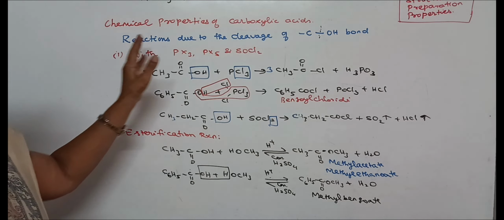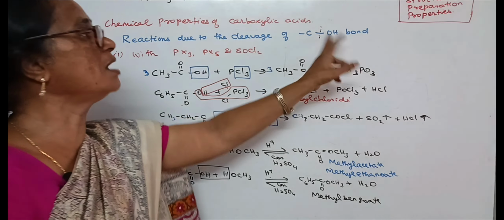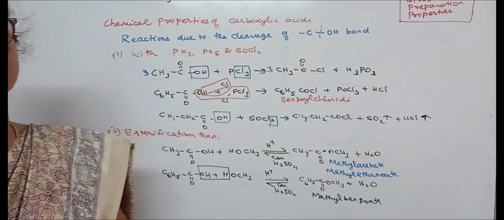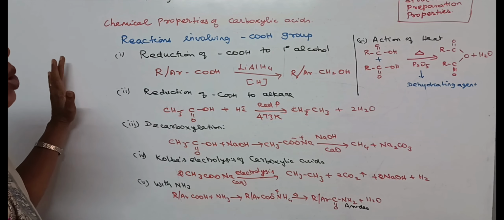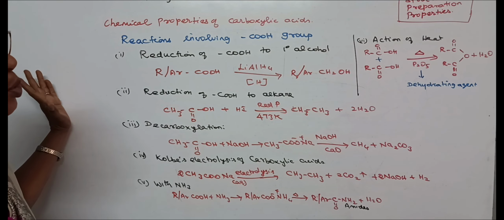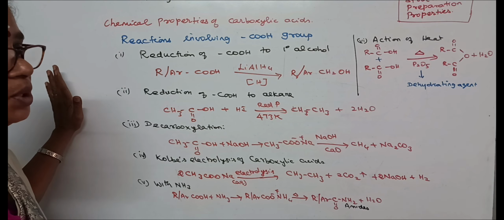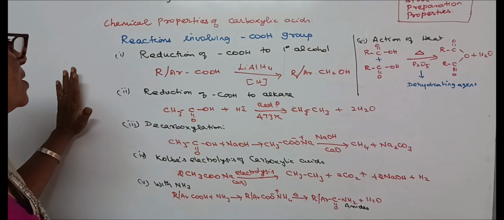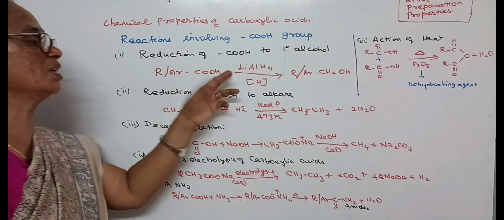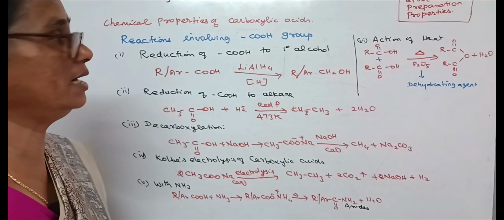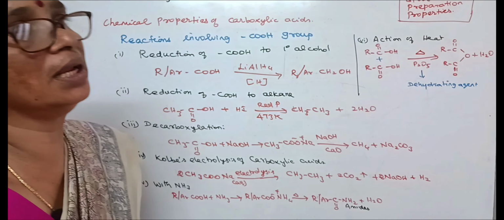That's all the reactions in which the cleavage of carbon-oxygen bond takes place. The next one, reactions involving carboxylic group. Here the carboxylic group is completely converted into some other groups. So when carboxylic group is reduced by lithium aluminum hydride, it forms primary alcohol.